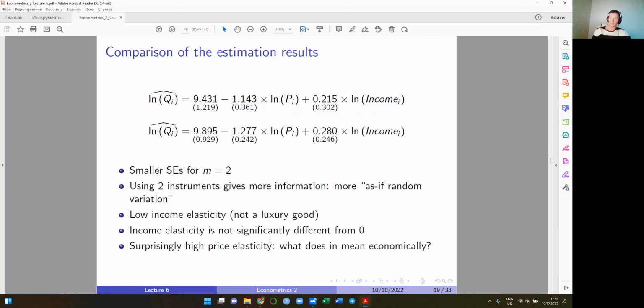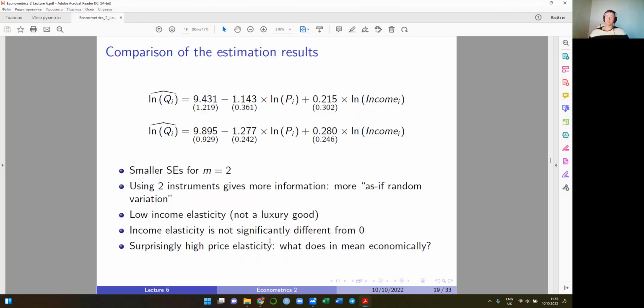And basically, it is believed, usually in economic theory, we also give an example of cigarettes as a good with low elasticity, because if you are a smoker, you have a habit to smoke. And it doesn't matter for you what the price is. If the price goes up by 10%, you still consume the same amount.